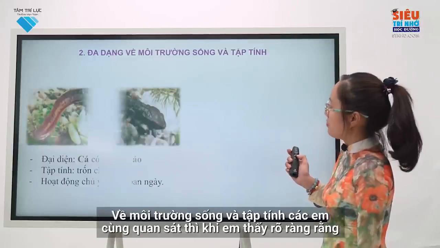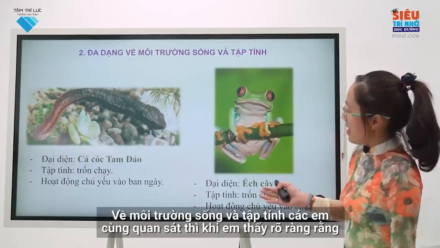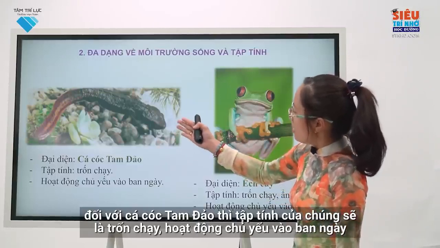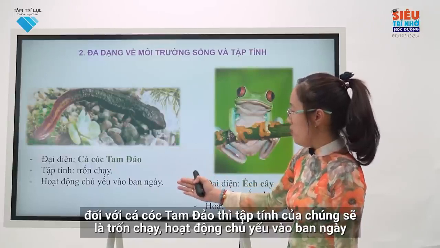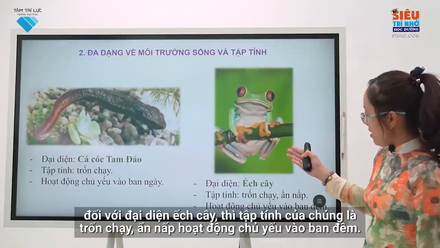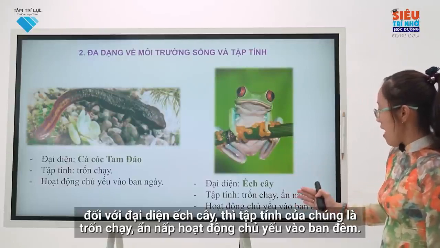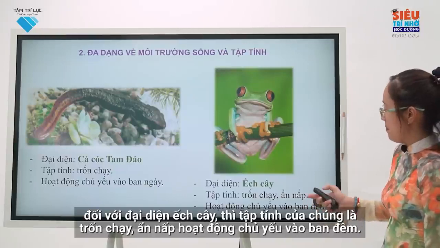Regarding the habitat and behavior you observed, the Tam Dao salamander's behavior is to run away, operating mainly during the day. For representatives of tree frogs, their behavior is running, hiding, and being active mainly at night.